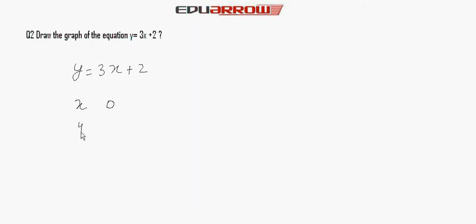So here we take y equal to 2 for x equal to 0. If we take x equal to 1, it gives us the value 5. These 2 points are shown on the graph paper and joined, drawing a line on the graph paper.